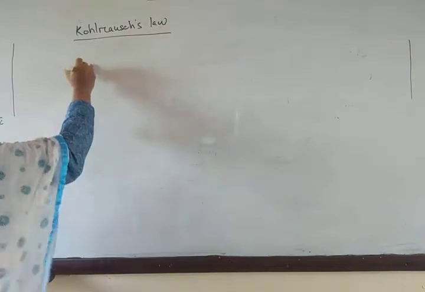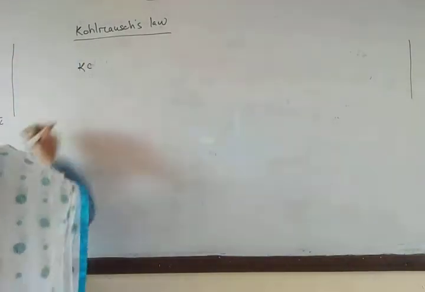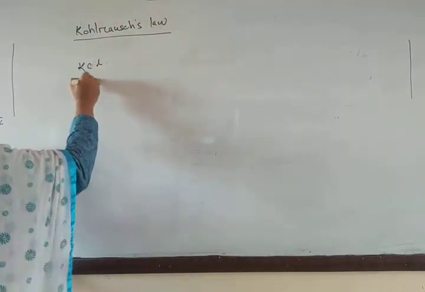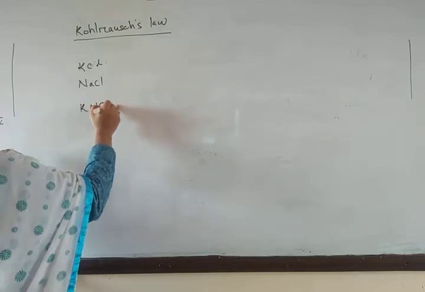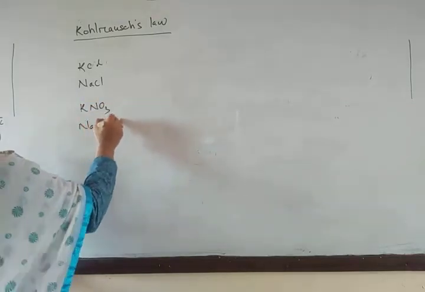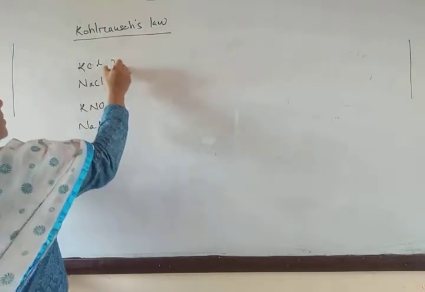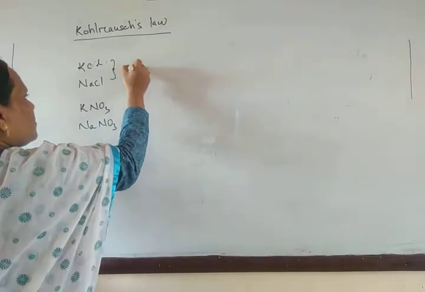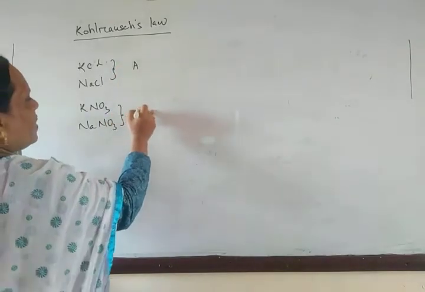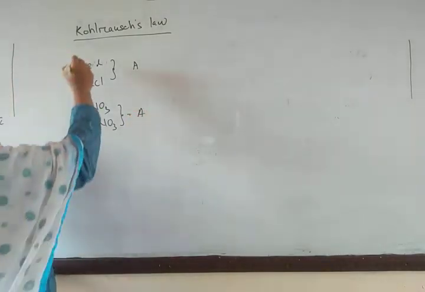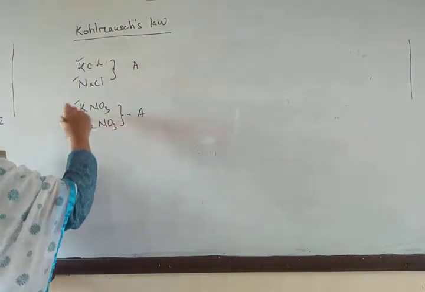For example, the conductance values of potassium chloride, sodium chloride, potassium nitrate, sodium nitrate, and the difference between the conductance of two of them. The difference is the same, suppose equal to A, and here also we find the same value. That means it does not depend on the electrolyte, it depends on the ions present.